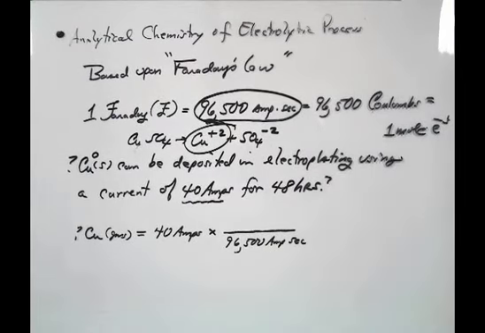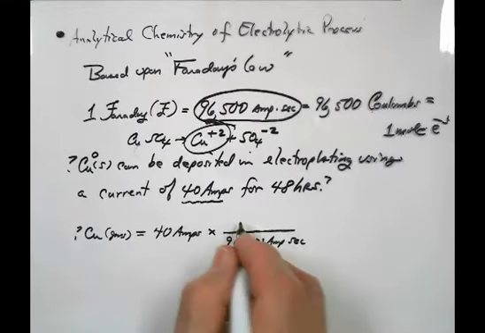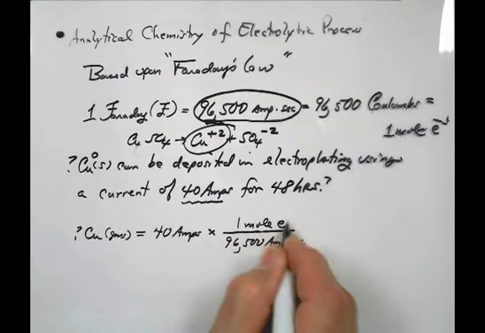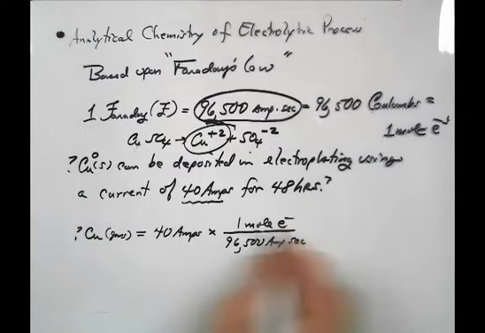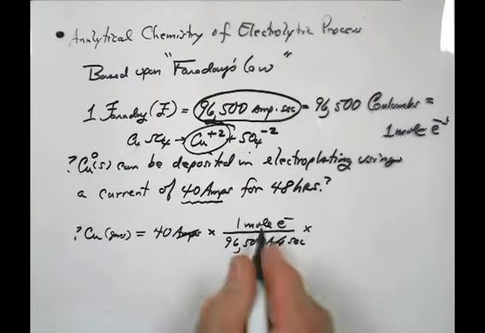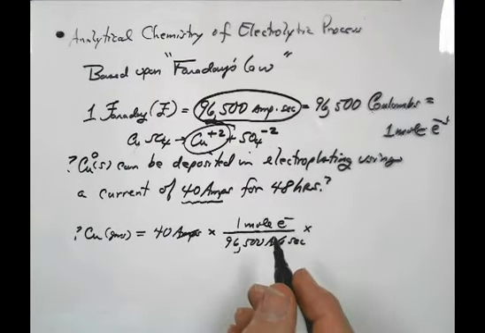Now, what will that deliver? That will deliver 1 mole of electrons. That is a given. That's a Faraday. Now, you're not quite to your grams yet, so you want to continue. All you've done is canceled your amps out. So you're really at moles per second is what the issue is.